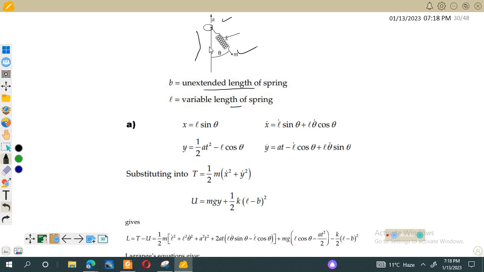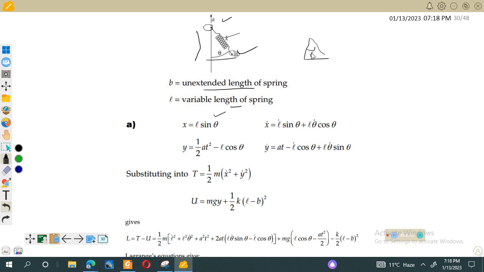So if we resolve the coordinate into corresponding components, x will be equal to L sin theta, and y will be equal to L cos theta.